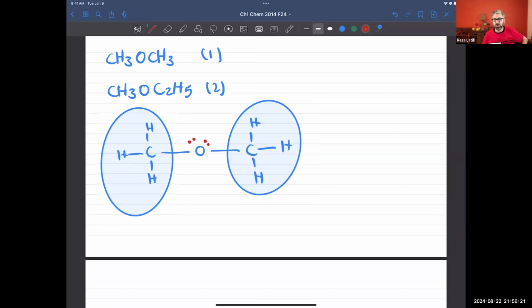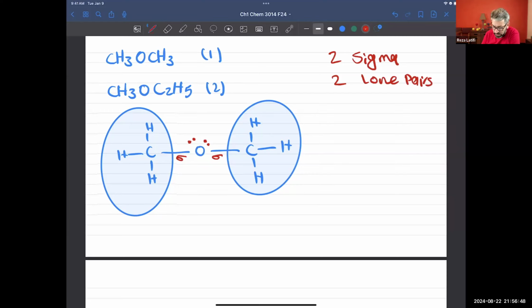If you check the hybridization for this one, it's going to be polar. How do I know? Because the real geometry for it will be this. I have 2 sigma bonds and 2 lone pairs.